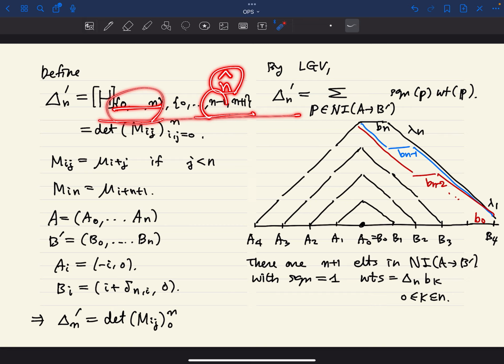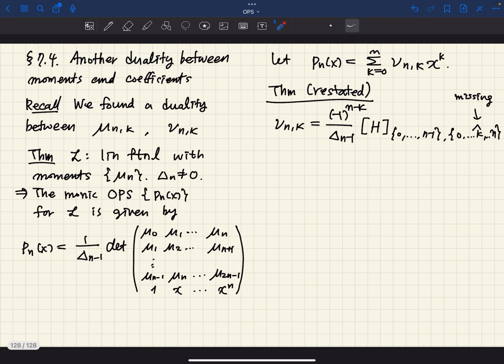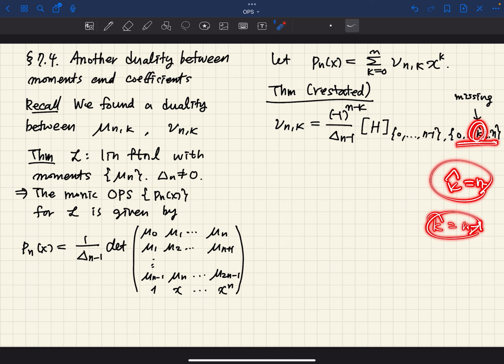But our case here is a generalization of that, because we can remove any column. If you choose this to be n, we get the original one, and if you choose this to be n-1, then we get the other Hankel type determinant. So we have a more general situation now, but the idea is still the same.